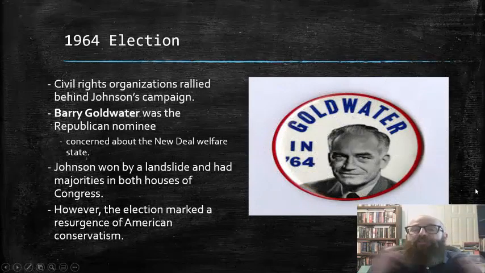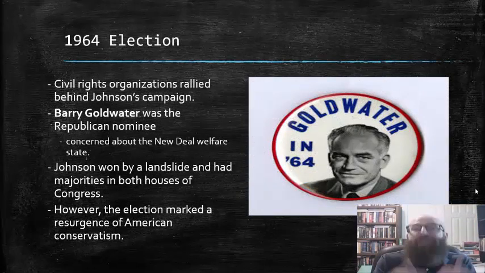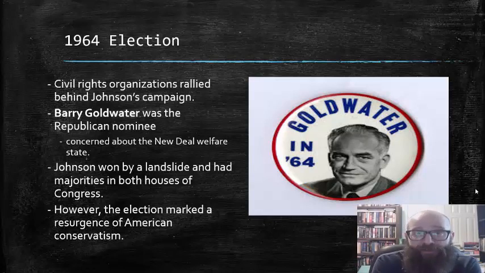Before Johnson could continue with any civil rights initiatives, he had to face election in 1964. Civil rights groups in general rallied behind Johnson's campaign, mostly due to the Civil Rights Act of 1964, which Johnson so forcefully endorsed.